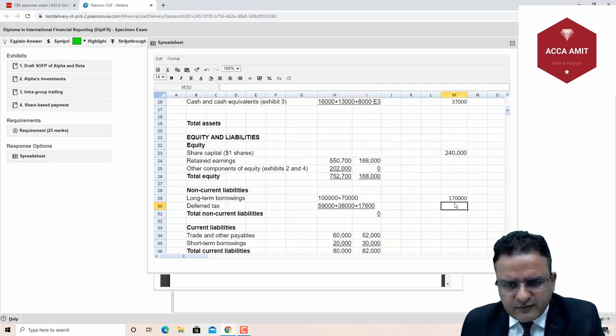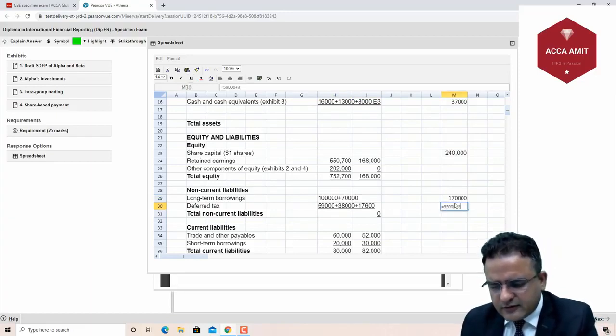So total amount of deferred tax balance is 59,000 plus 38,000 plus 17,600.